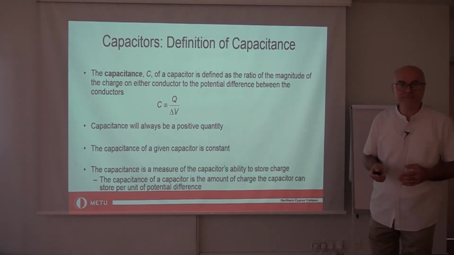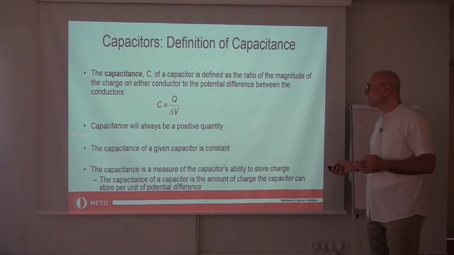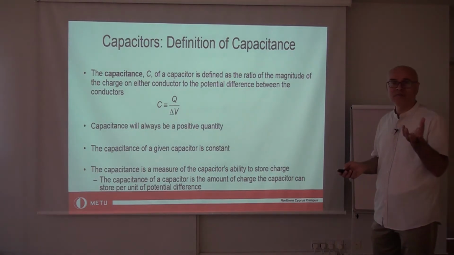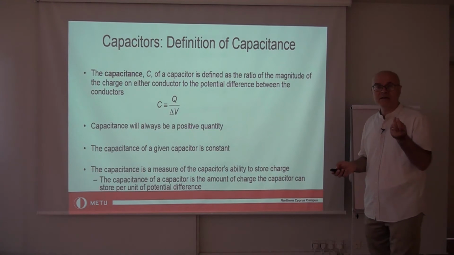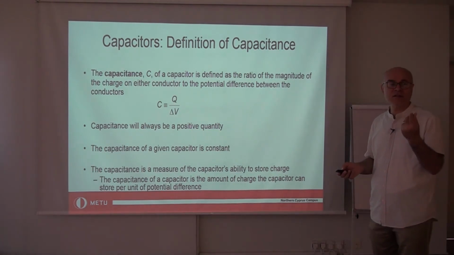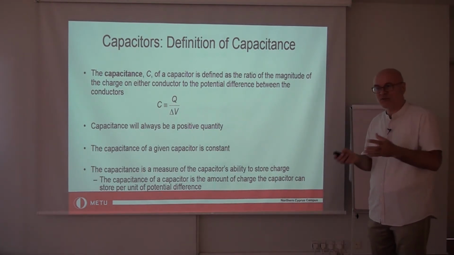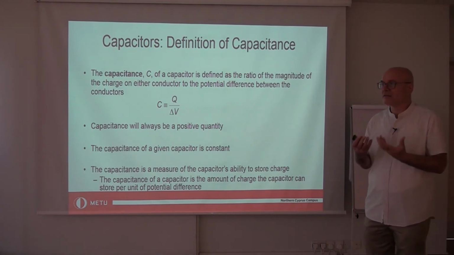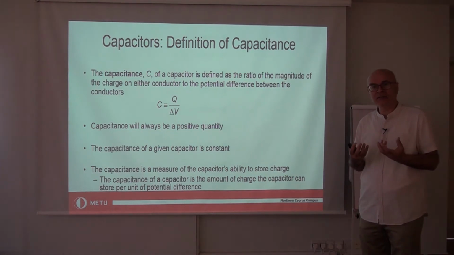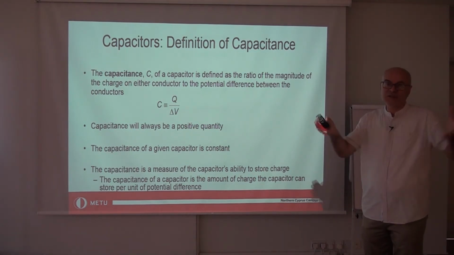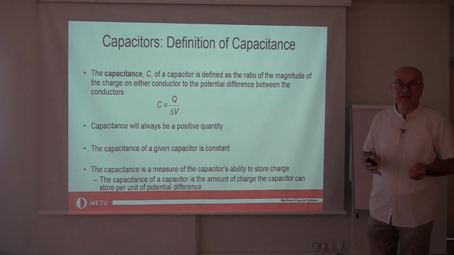And if we try to make sense of the term used, which is capacitance, it raises the intuition that there is something and you are stuffing things in it, and what is the capacity of that thing.